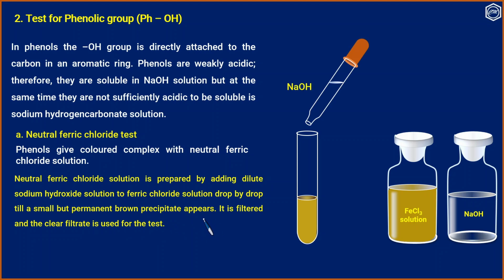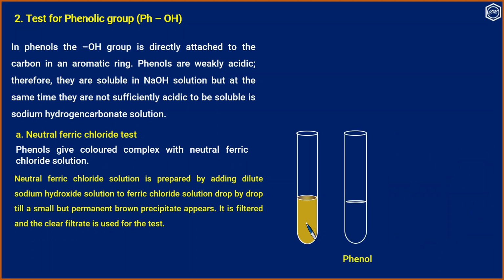So we are adding sodium hydroxide drop by drop. And addition is continued till a brown precipitate is formed. So at this point, we stop addition. Now we filter this solution and a clear solution is obtained.